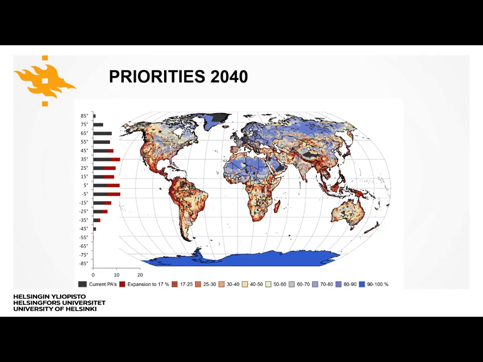Robinson distorts everything, but it's a good average of many things and works particularly well in these kinds of visualizations. But the areas that the colors cover now are not real, and therefore we then calculated the current protected area, made a graph on the side, showing how much there is on this latitude now protected and how much this model suggests we should be protecting if we were following this.